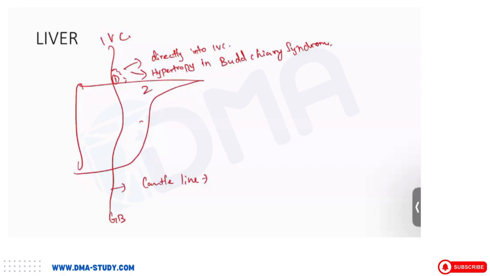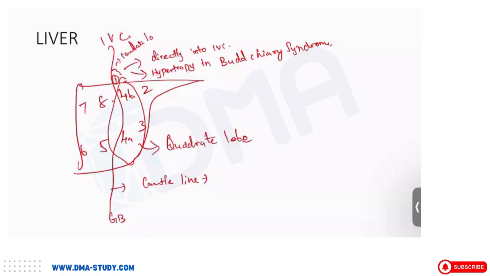The second one, 2, 3, and 4A and 4B. And you have 5, 6, 7, 8. So 4A and 4B combined are called the quadrate lobe, while 1 is called the caudate lobe. Caudate lobe hypertrophy is seen in Budd-Chiari syndrome, while the quadrate lobe contains 4A and 4B.